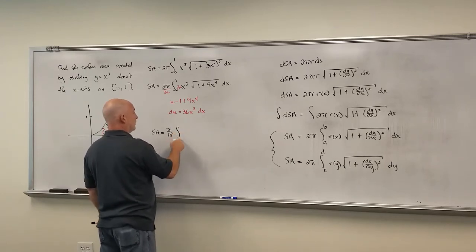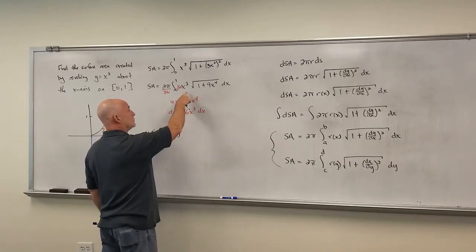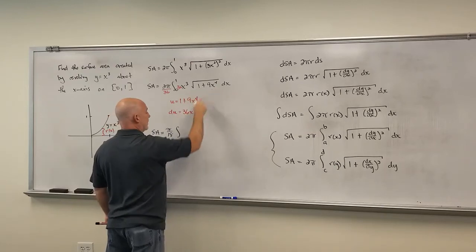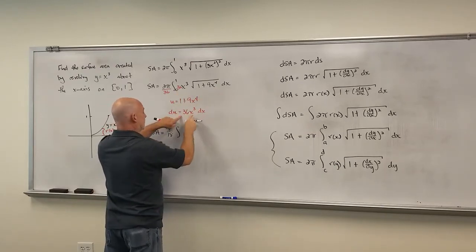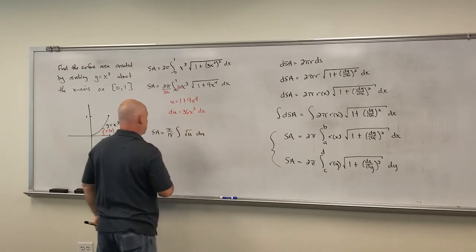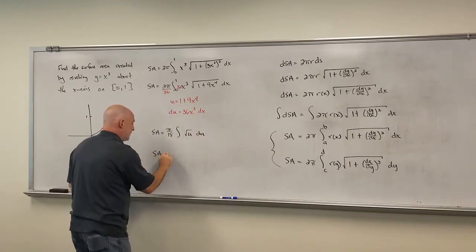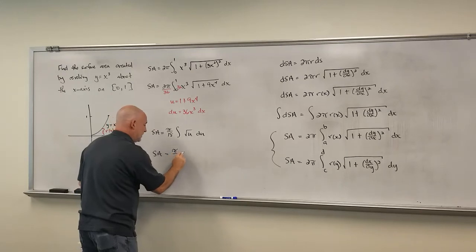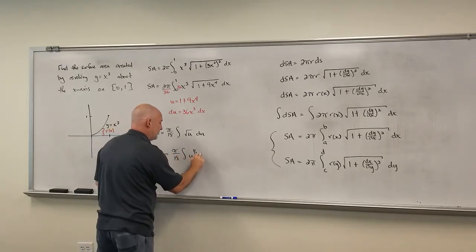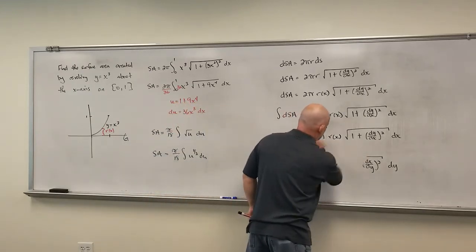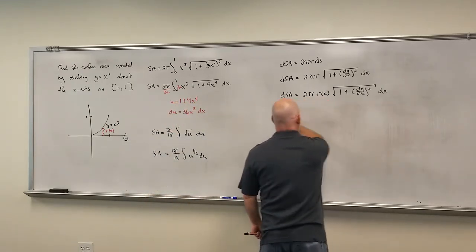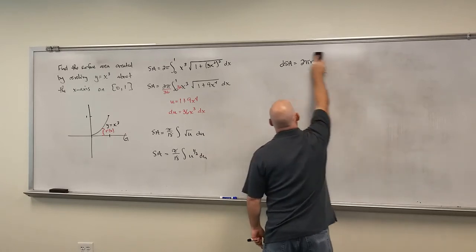The integral, now I'm going to leave the bounds off because I'm going to change the u's here. This is going to be the square root of u, and 36x cubed dx, all of that is du. So our surface area is pi over 18, the integral of u to the 1/2 du. Easy enough to integrate, add 1 to the power, divide by the power.